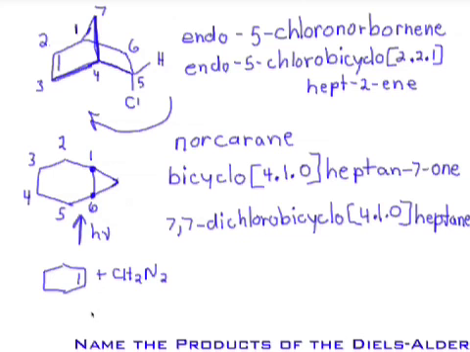Let's go back to the molecule we originally were going to name. We had two molecules in our reaction. Let's draw the reaction again. We took cyclohexadiene plus an alkene, ethene, applied some heat, did a Diels-Alder reaction, and we made this guy.